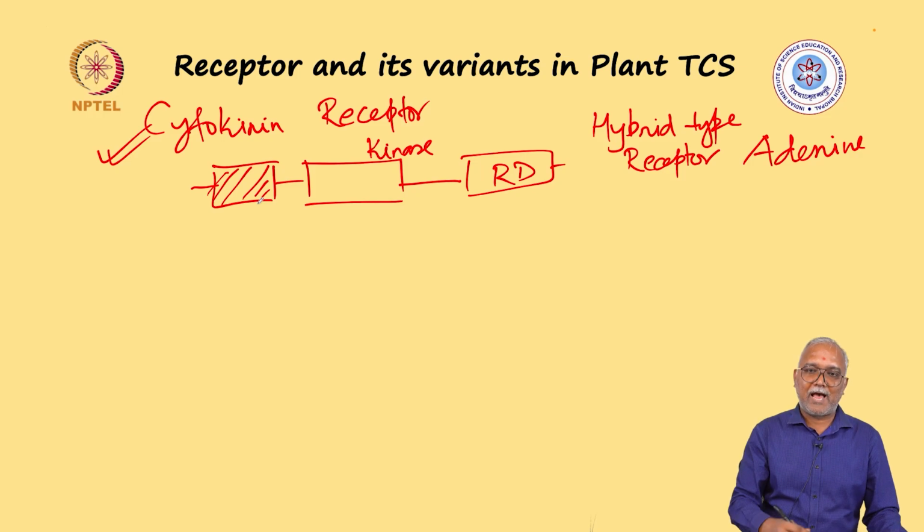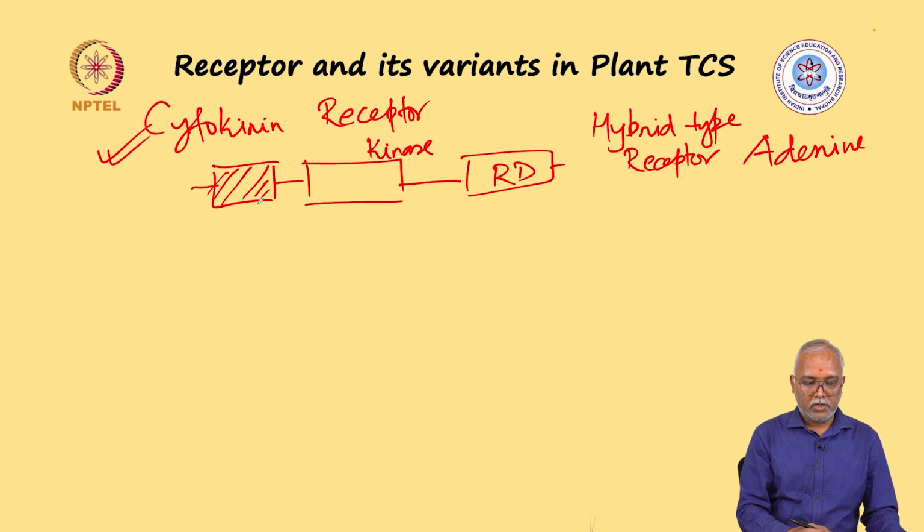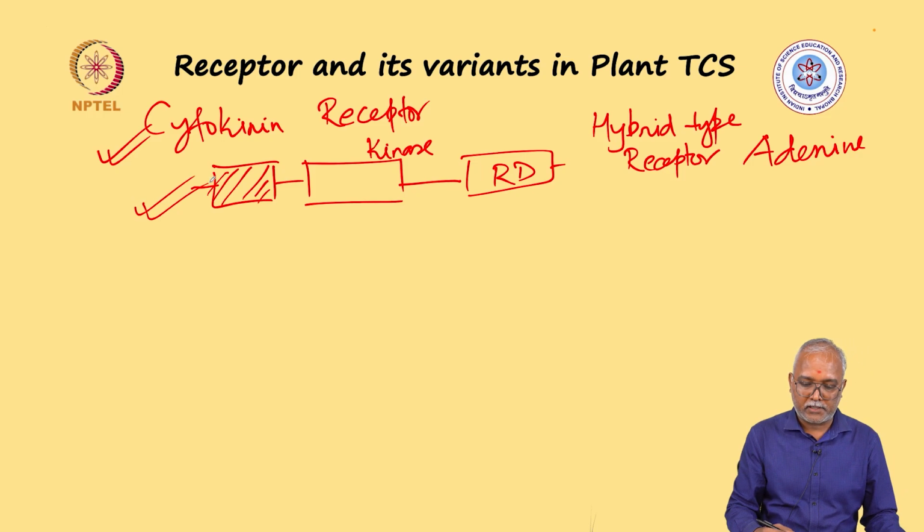Also, we will see as we move further in the classes that there are meristematic tissues which are unique to many of the plants. There you will have a very unique requirement of these receptors. So a very specific type of receptor will be present in the meristematic region, which will not be present in the normal somatic tissues.